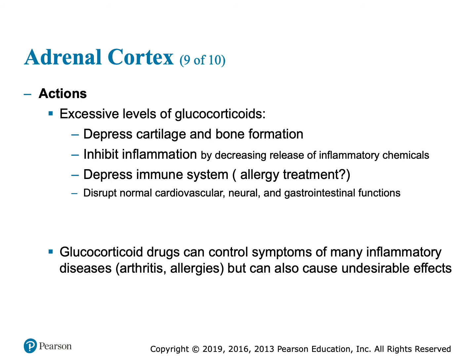So what happens if you have too much glucocorticoids? Well, that would be causing a disease called Cushing's disease, and you're going to start breaking things down. You're going to start to have thinner skin, your cartilage and bones are not going to be as healthy. It actually can depress your immune system.